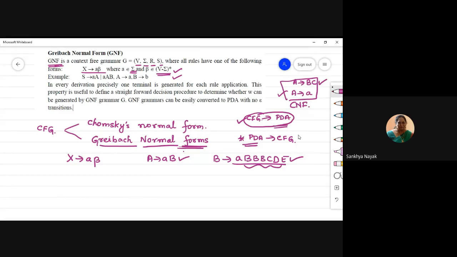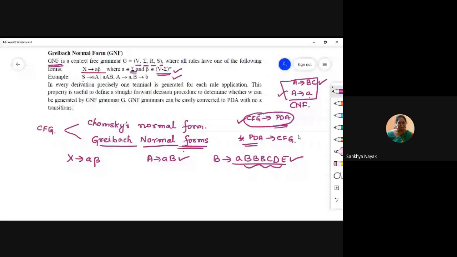Here there was a restriction on length, no? A non-terminal can derive only two non-terminals, or a non-terminal can derive a terminal. In this case, it can be of this format. You can have anything, and you can see one example over here.